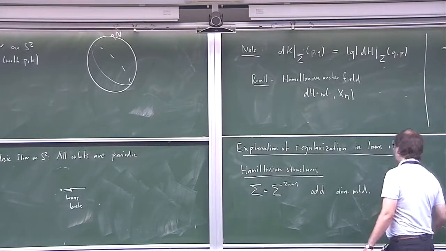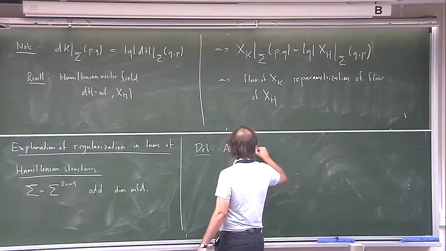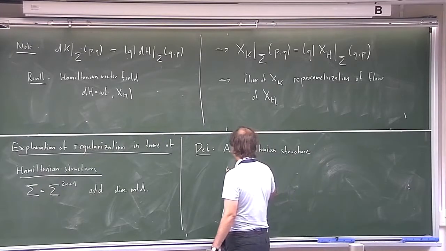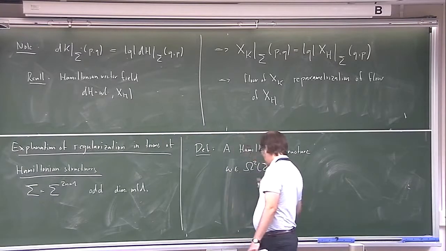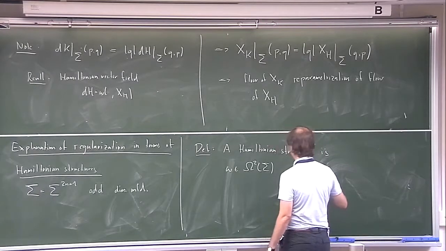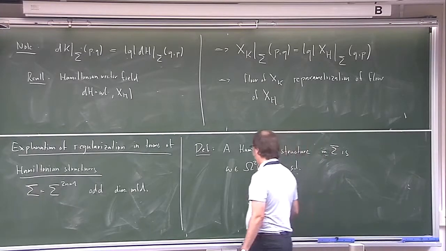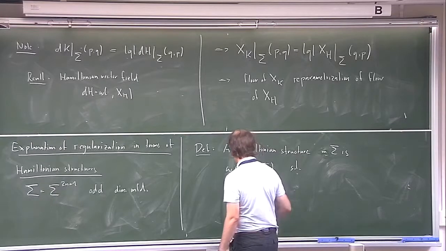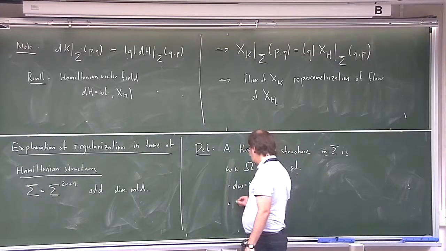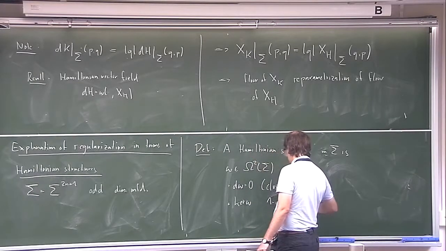So, definition: a Hamiltonian structure on sigma is a 2-form omega on sigma such that, first, omega is closed, and we can't require it's non-degenerate, but what we require is that the kernel of omega is a one-dimensional distribution.